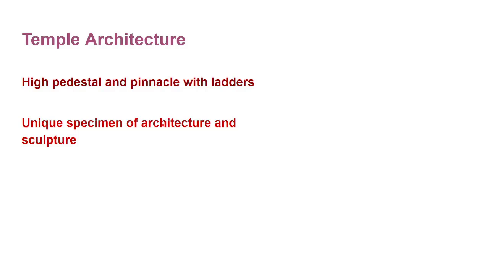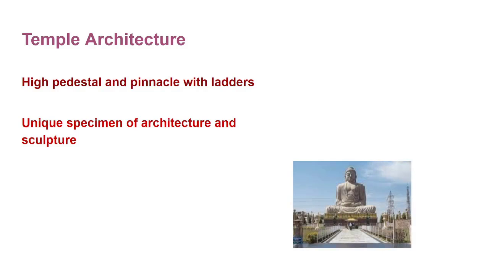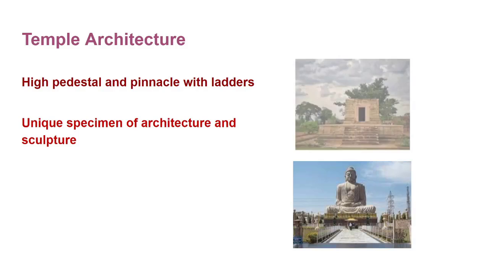There is a greater contribution of Pallava kings. So here you can see Lord Buddha statue in Nalanda, and this is Bhumara Shiva temple which is located near Jabalpur. Temples constructed in Kanchi, the capital city of Pallavas, are very famous.